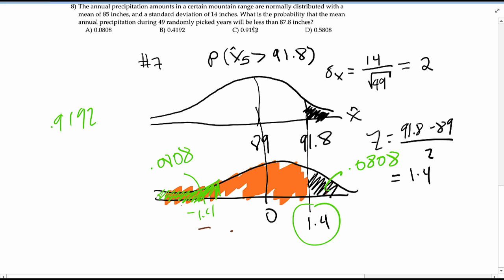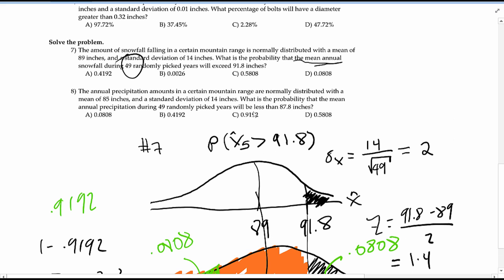We want the area after 1.4. So that will be 1 minus 0.9192, and that will give me the 0.0808, which is this one right here.